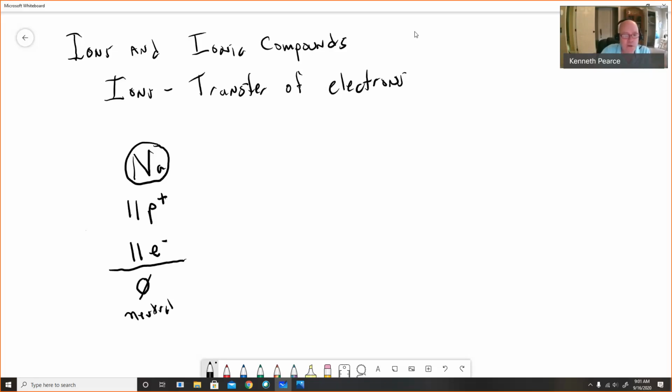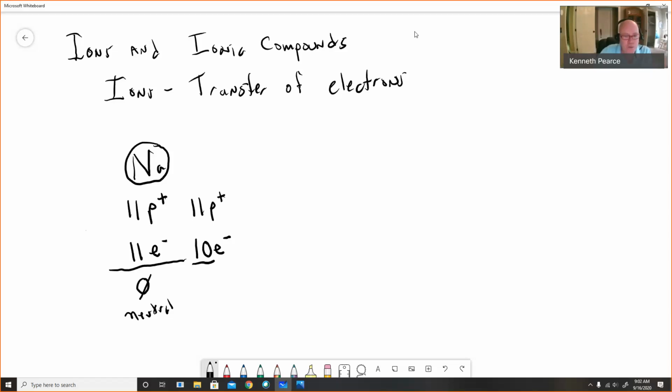And so if we take that same sodium and we lose an electron, we now have 10 electrons. But since it's still sodium, and what makes sodium sodium is that sodium has 11 protons. All sodiums have 11 protons.